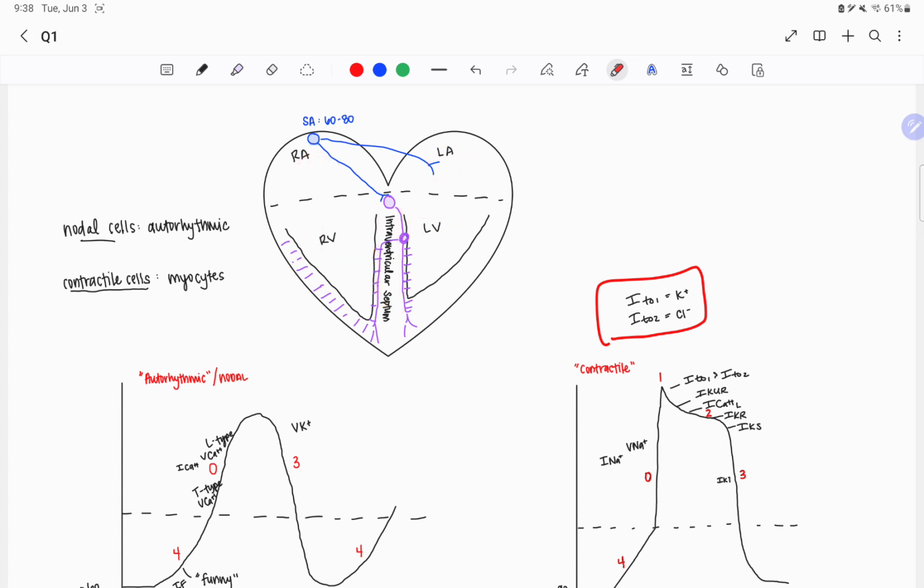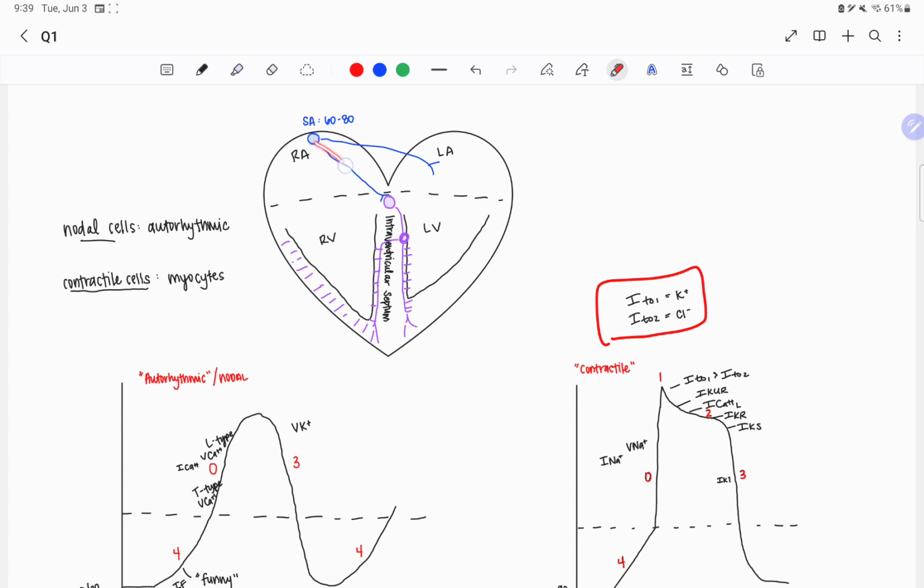So in your heart, like I said, atriums, ventricles, and then we have this interventricular septum. It's just a wall of muscle here between the two ventricles, okay? I've got the SA node here, AV node here. The SA node has a connection from the right atrium to the left atrium, and that just helps with the depolarizing of all the atria, both the atriums.